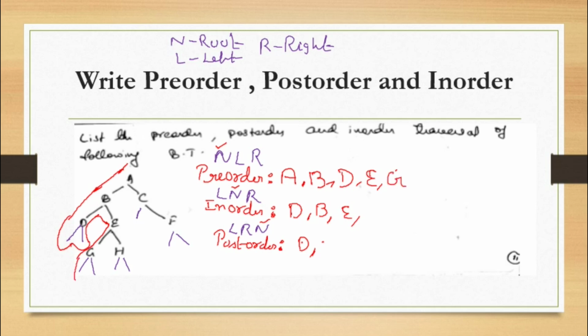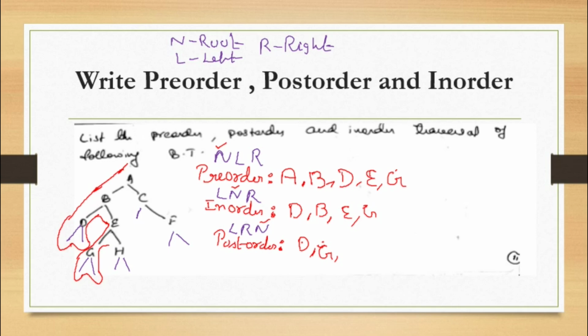Now I'm visiting G for the second time. That time I have to write it here, that is in the in-order. Then I am visiting G for the third time, so I'm writing in the post-order. Now coming back here, I'm visiting E for the second time.